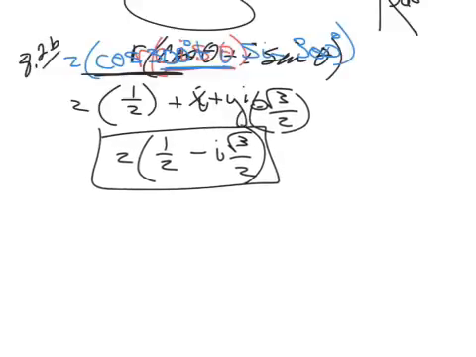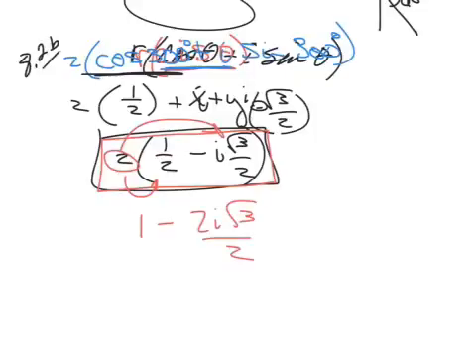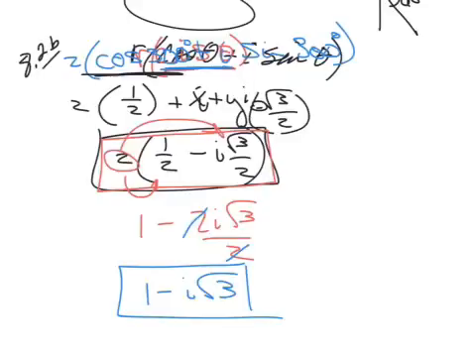Okay, so this is all that we're concerned about, is this part right here, once we plugged in those numbers. Alright, so 2 times 1/2 is 1. 2 times this is 2i square root of 3 over 2. These cancel, so we have 1 minus i square root of 3. That is our answer.